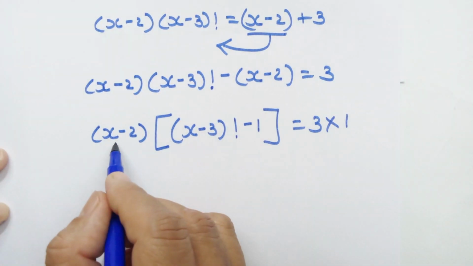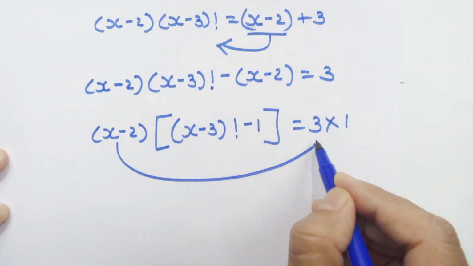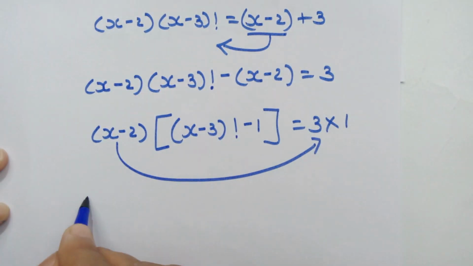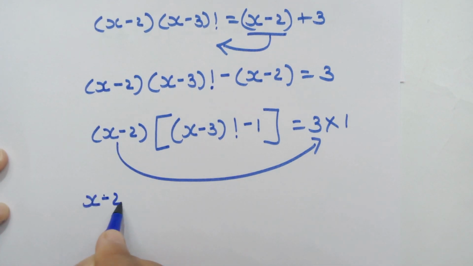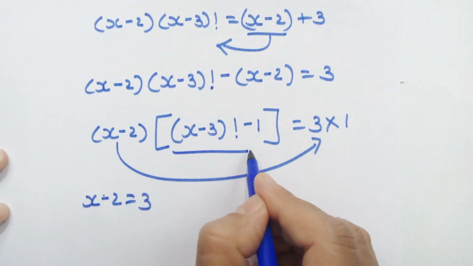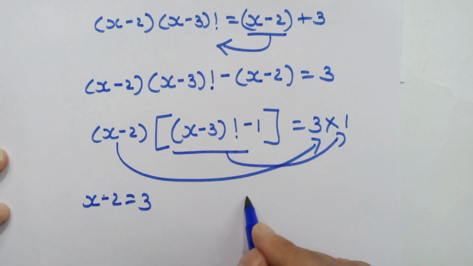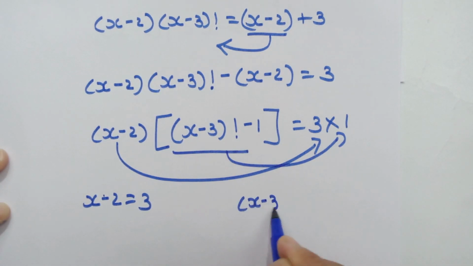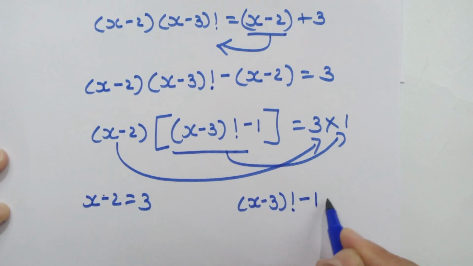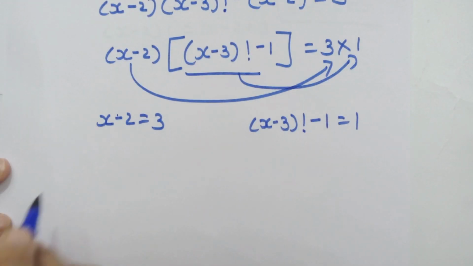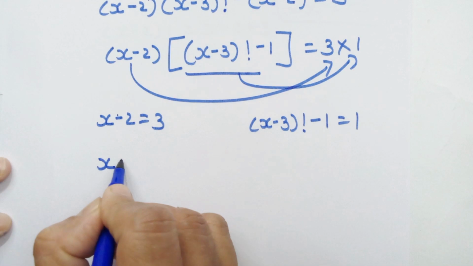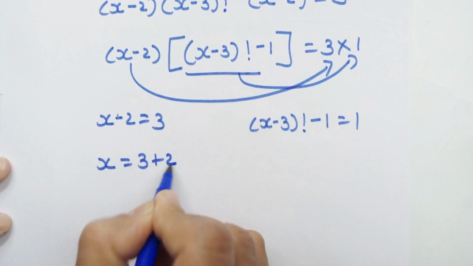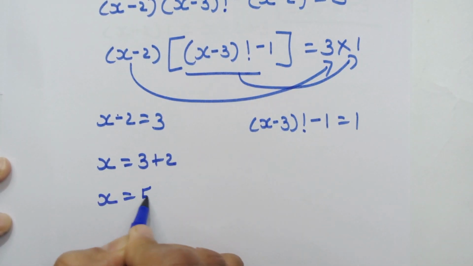Okay, now let's compare the factors. x minus 2 is equal to 3, and here we can also compare this. So x minus 3 factorial minus 1 is equal to 1. Okay, so x is equal to 3 plus 2, so x is equal to 5.